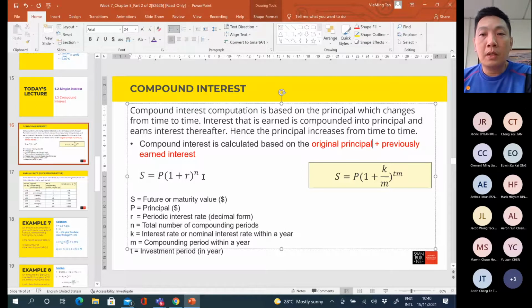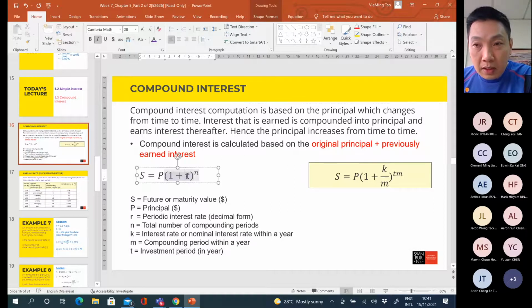In fact, this formula we can try to extend again. This R value here refers to the annual interest rate divided by the number of interest being compounded within a year. M is the number of interest being compounded within a year.